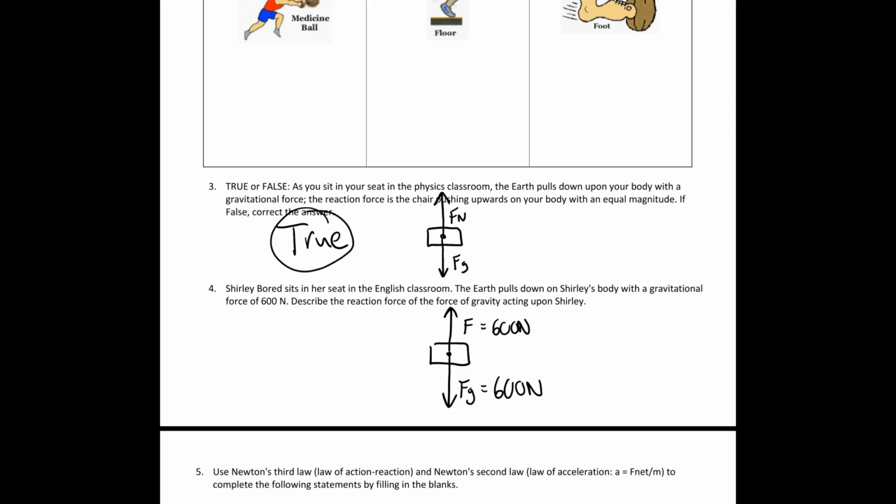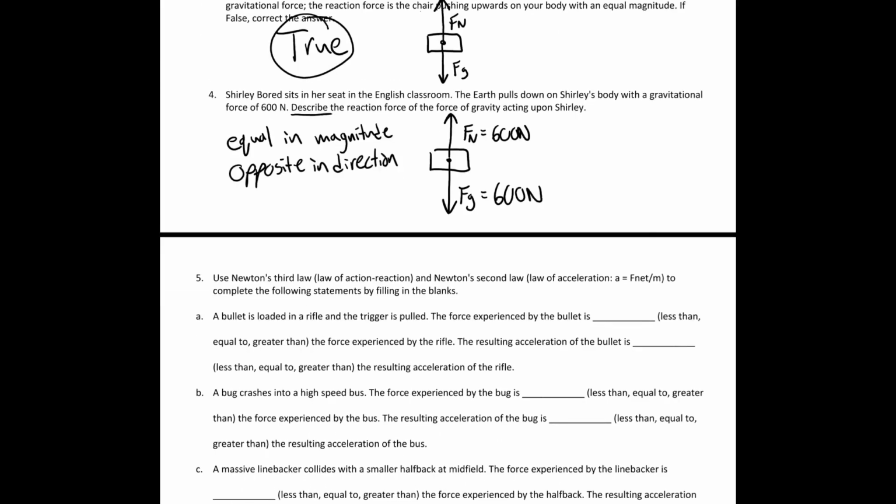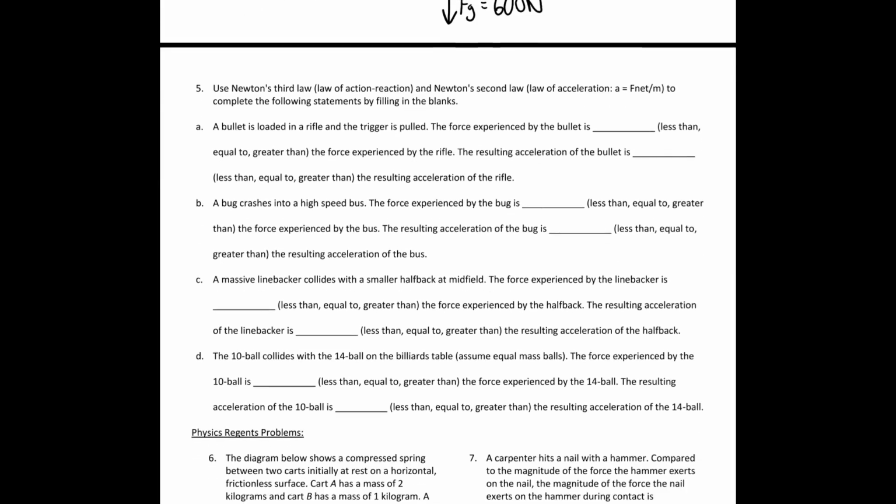Equal in magnitude, opposite direction. Again, we could call this the normal force if we'd like. If you want to describe it, you say equal in magnitude, opposite in direction. Okay, so these ones are a little strange.